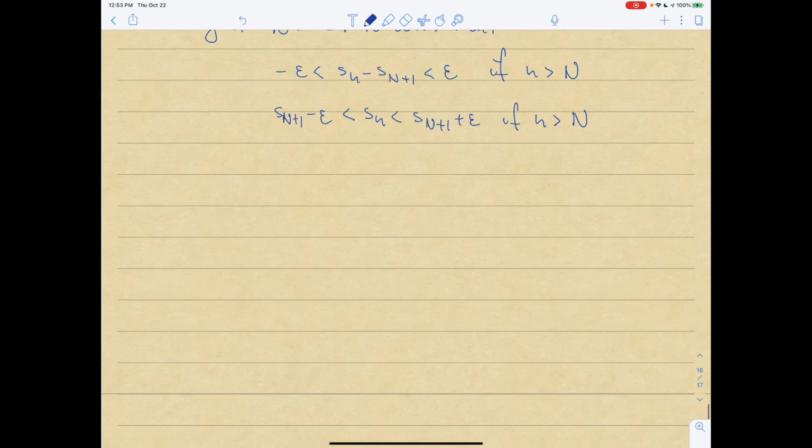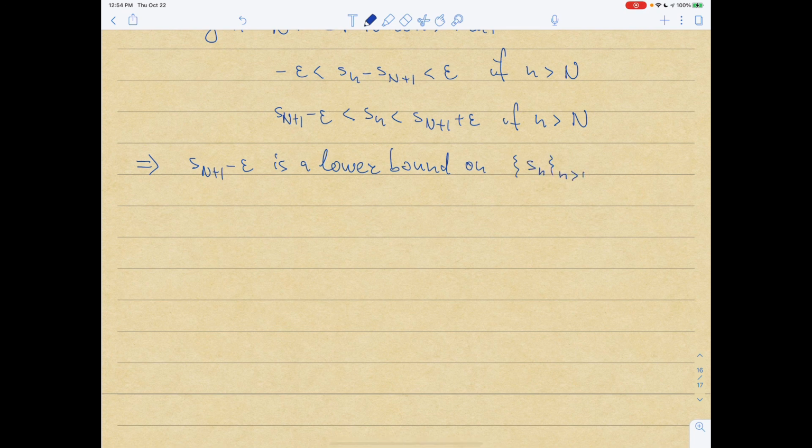And from this, we now conclude that S capital N plus 1 minus epsilon is a lower bound on the set Sn, n bigger than capital N, right?